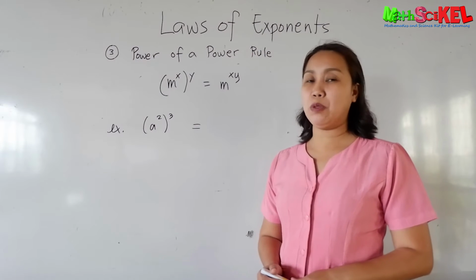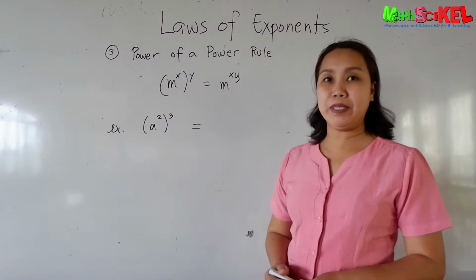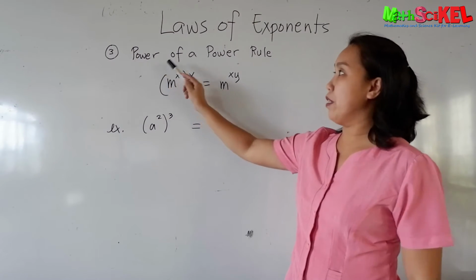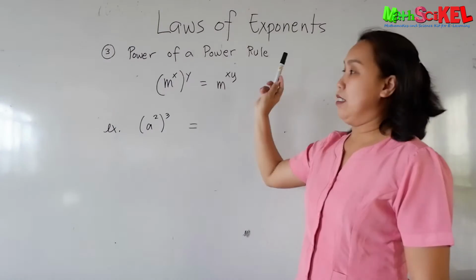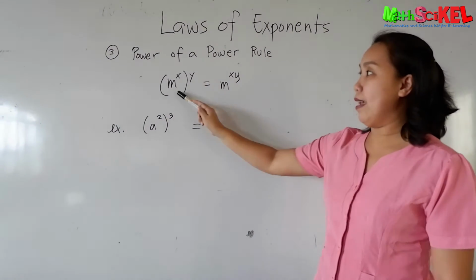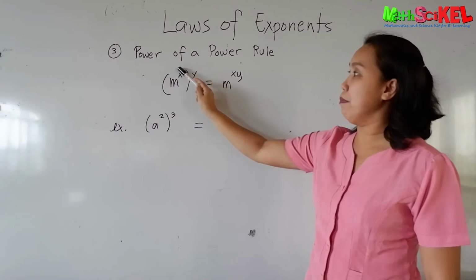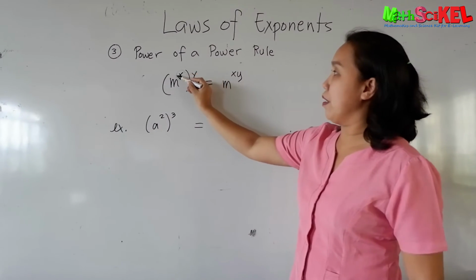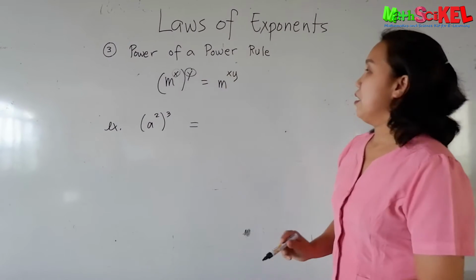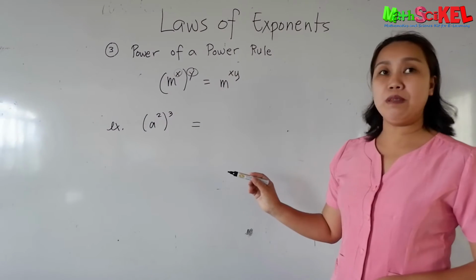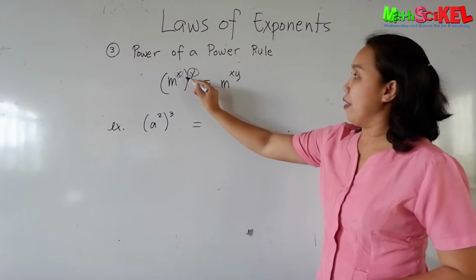Let us now proceed with the third law of exponents, which is the power of a power rule. Let's have the form m raised to x, raised to y. This implies power of a power. As you can see, we will multiply both exponents.